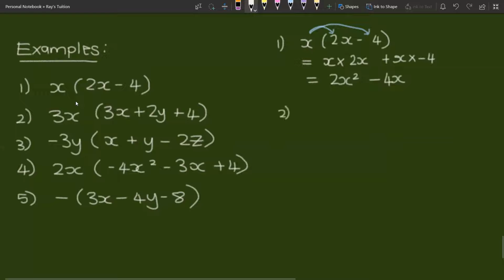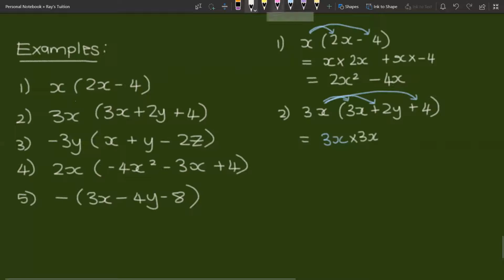Let's have a look at the next one. We have 3x times 3x plus 2y plus 4. Again, we have to distribute this 3x to everything in the bracket, into all 3 of those terms. So we're going to have 3x times 3x, plus 3x times 2y, plus 3x times 4.